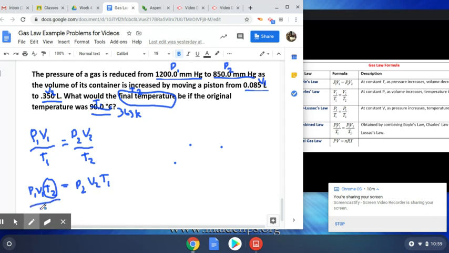All you have to do is get T2 by itself. You divide by P1 and V1 on both sides. And these will cancel out, so we can go ahead and erase them, the P1 and the V1.